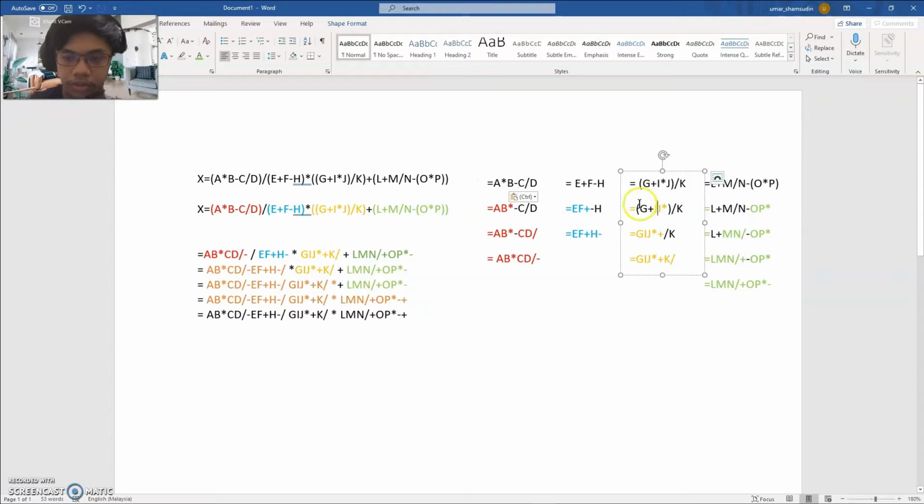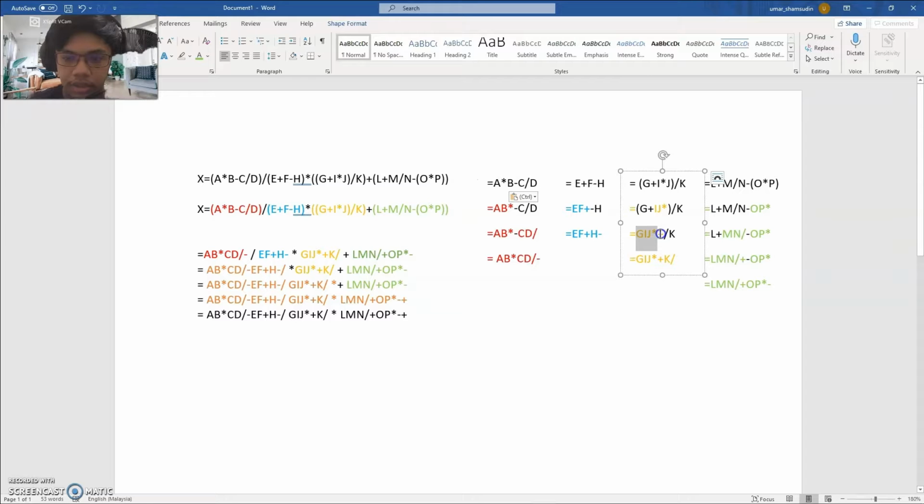Next, you need to solve the G plus this operand because of the bracket. G is the operand, the yellow color one is the operand, and the addition is the operator. So you need to take the addition to the back of the operands and it comes like this.